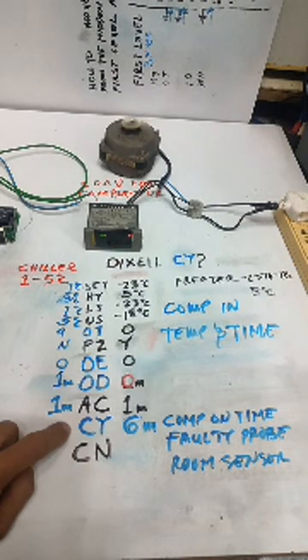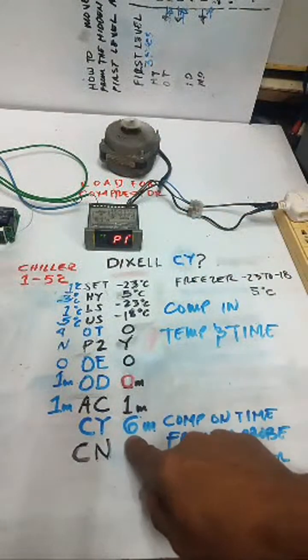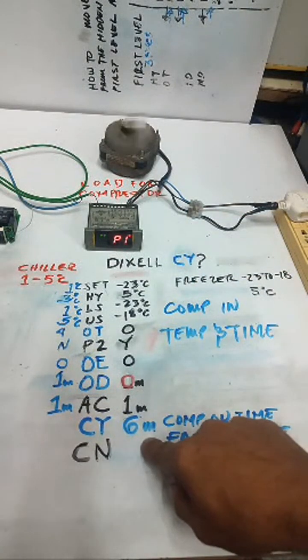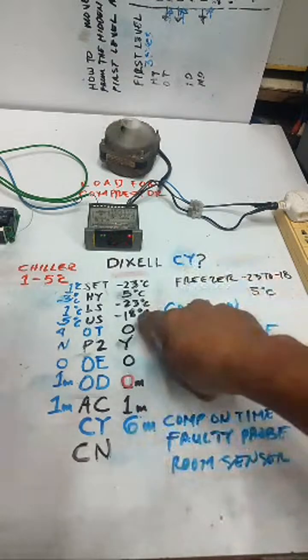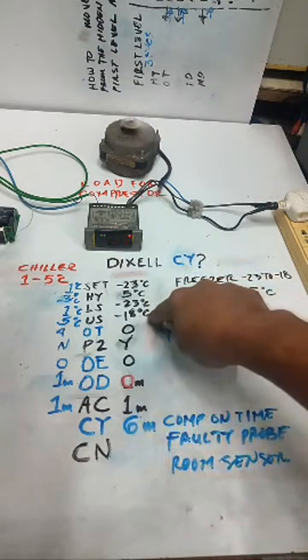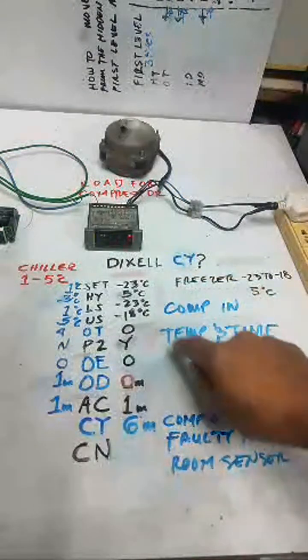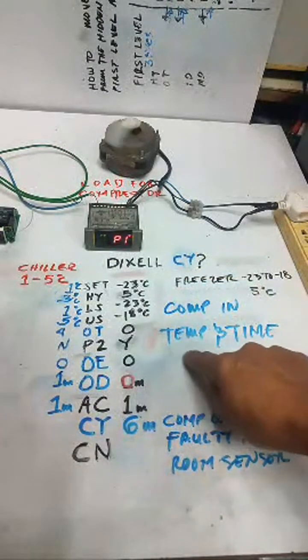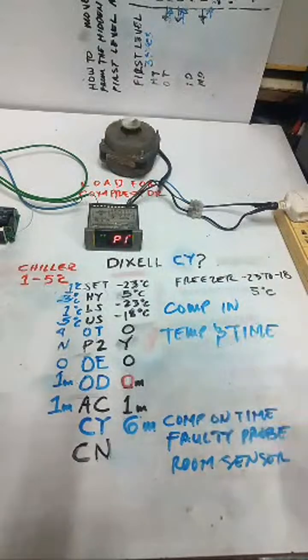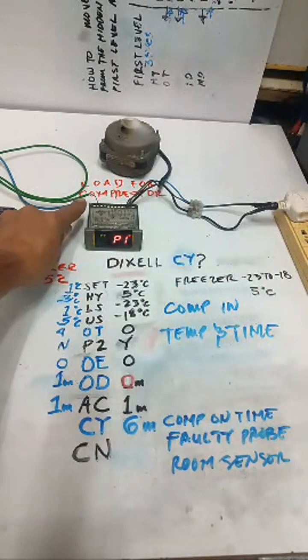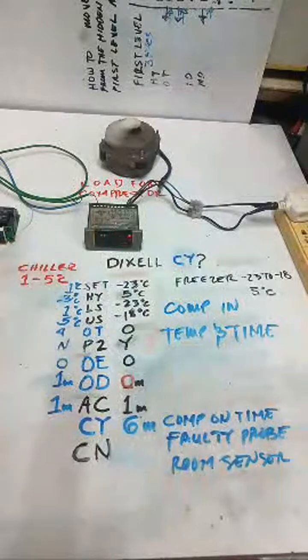Mag-on ang ating unit kung ano ang ilalagay natin dito. Tinansya lang natin na sa tingin ko sa negative 18 mag-start yung compressor natin na supposed to be tatakbo sa pamamagitan ng temperature. Ngunit dahil nagka-problema, nilagyan ko ng problema, tinanggal ko itong isang sensor para maipakita ko sa inyo. Okay?